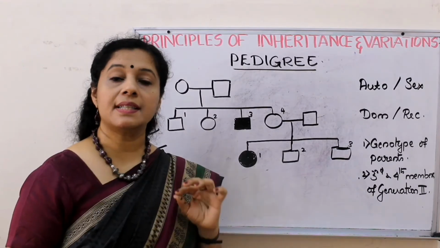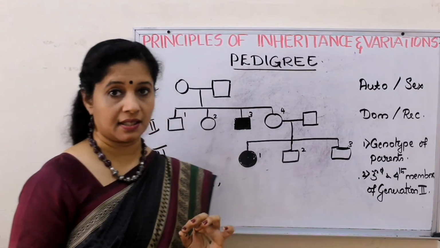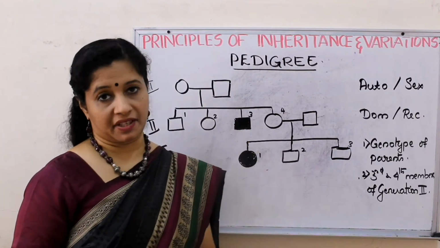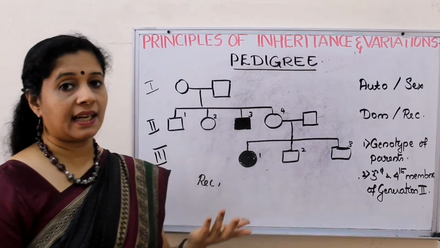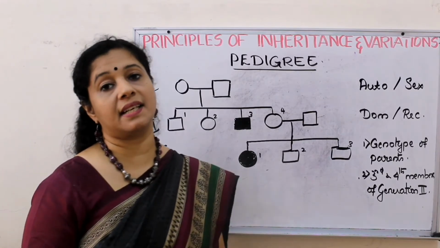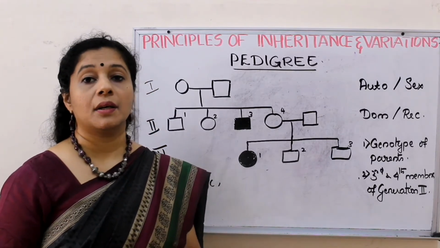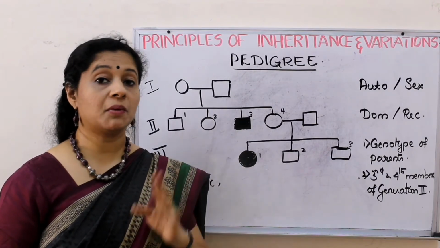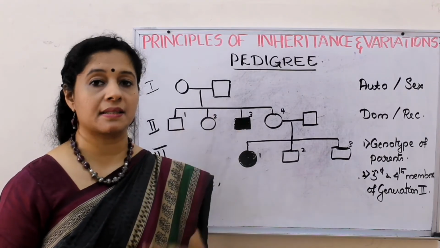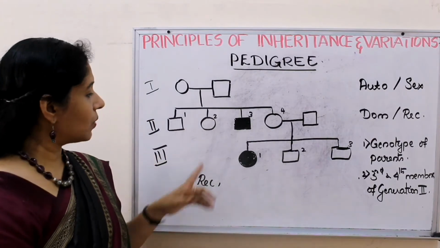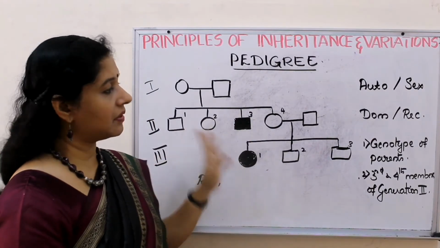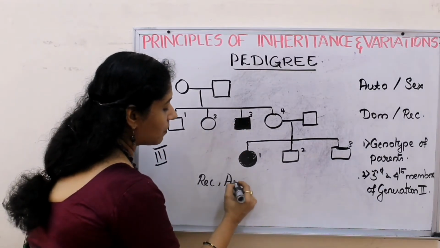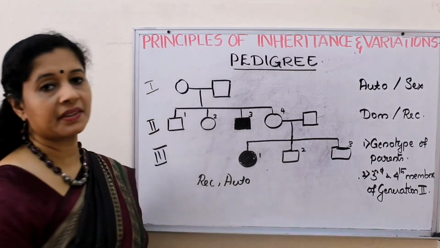Suppose it is a sex-linked dominant trait, then most of the females would have been affected. On the other hand, if it was a recessive sex-linked, X-linked one, only males would have been affected. And the third possibility, if it is Y-linked, only males, all the males. So here we can see male and female are affected. So the possibility is for an autosomal disorder.